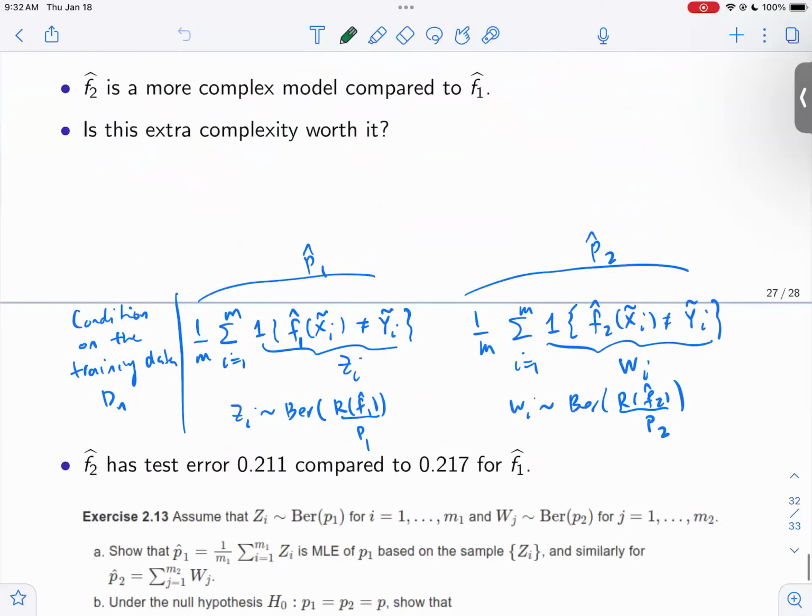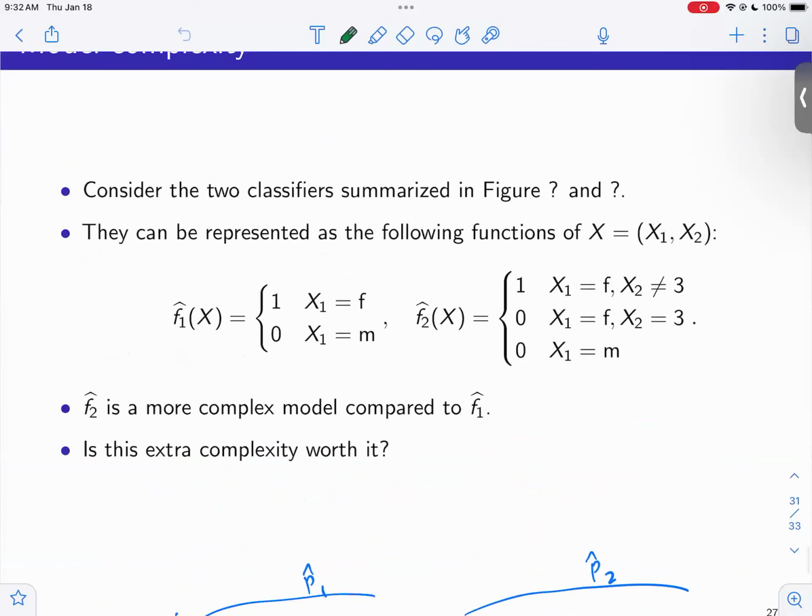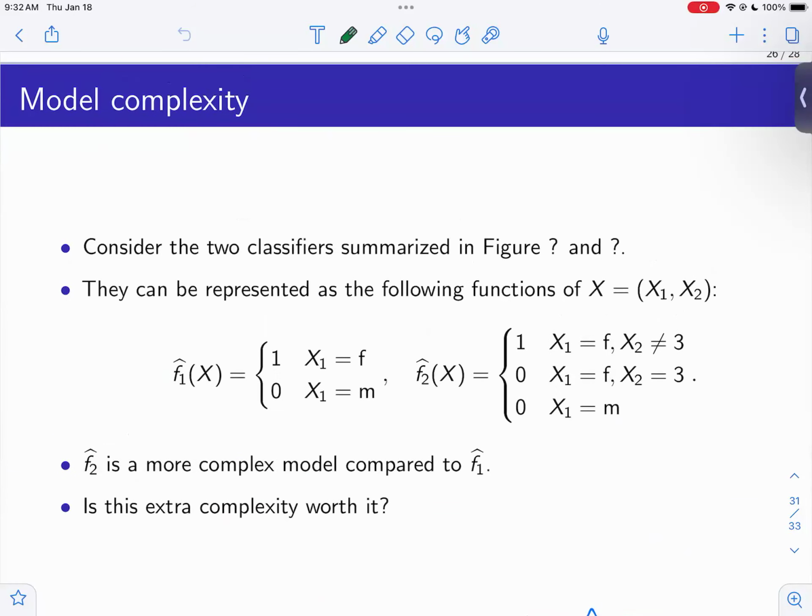So if you recall, last time we ended up here. We considered two classifiers, one based on a single binary feature, the other one based on, let's say, a pair of features, one binary, the other categorical with three levels. We argued that we can view that other case again as a new categorical variable with 6 levels.